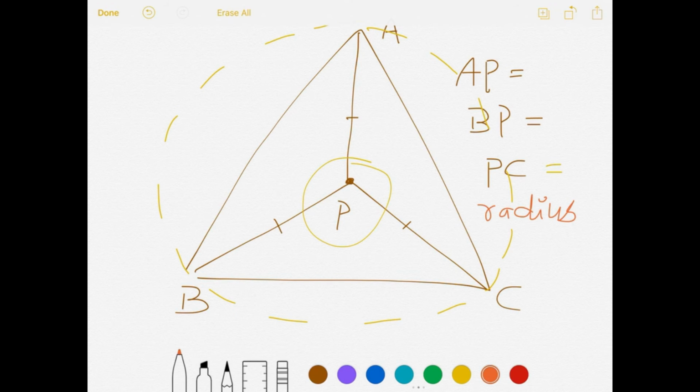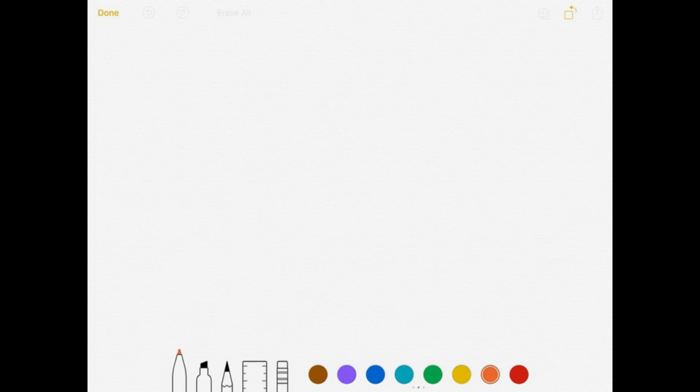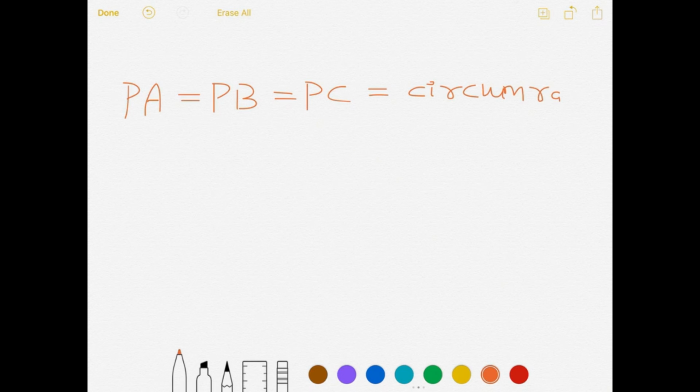So PA or PB or PC is known as the circumradius of the triangle. Okay, they are the radius of the circle that I have drawn here. The name of that specifically, PA, which is equal to PB, which is equal to PC, is called circumradius. That is known as the circumradius of this triangle.